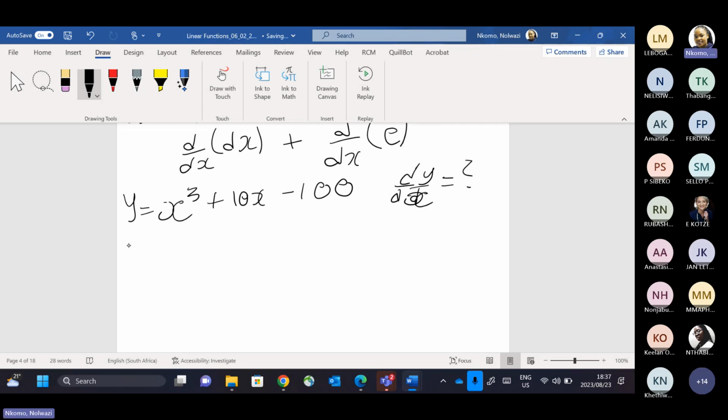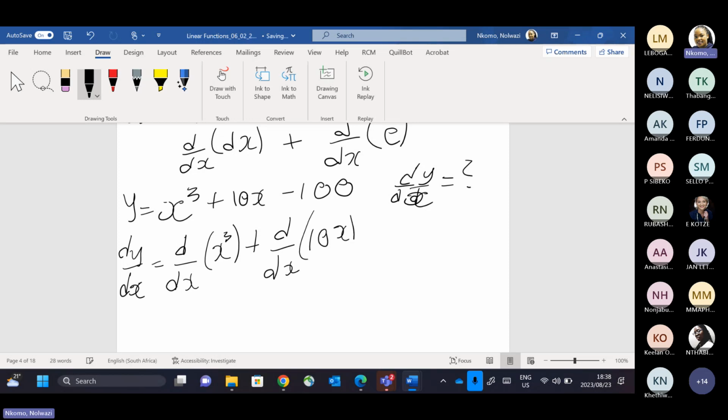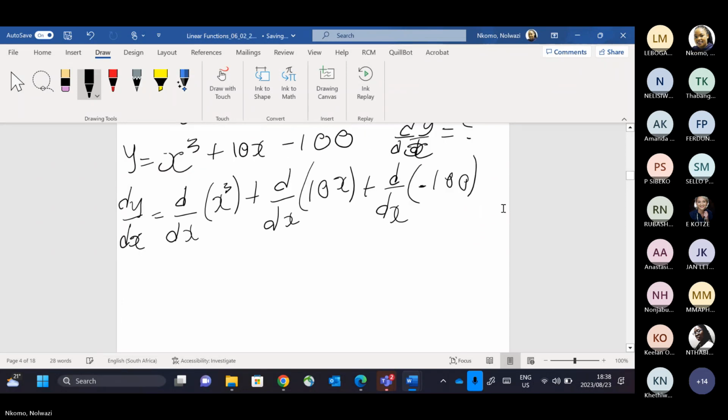meaning our dy dx would be d/dx of x to the power 3 plus d/dx of 10x plus d/dx of minus 100, right? Then we differentiate this term, we add the derivative of this term, then the derivative of this term.